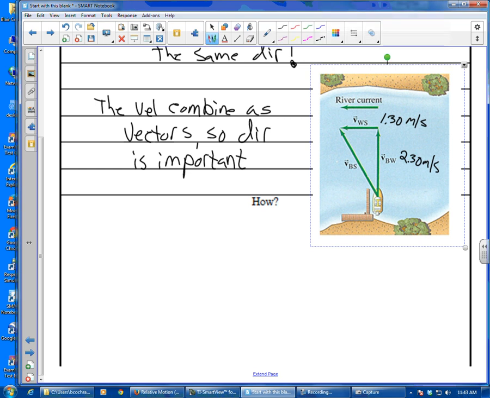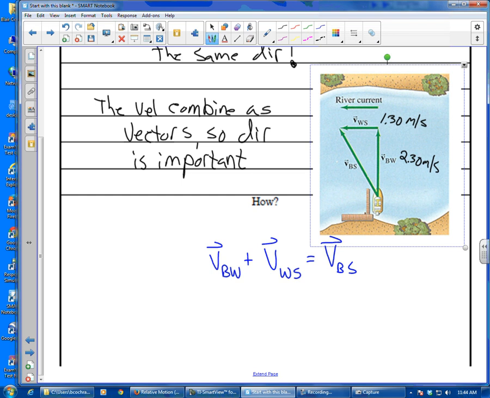So if I'm starting with my general equation, that triangle is formed from the velocity of the boat with respect to the water, plus the velocity of the water with respect to the shore, is going to give us the velocity of the boat with respect to the shore. And you can see that in the triangle, right?